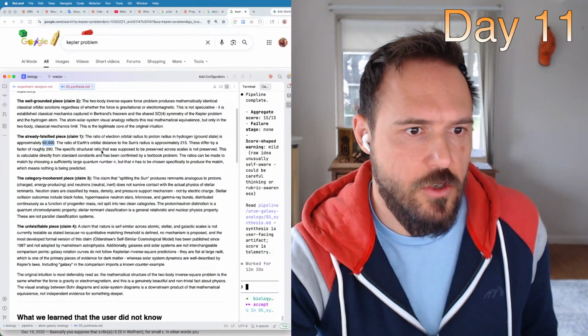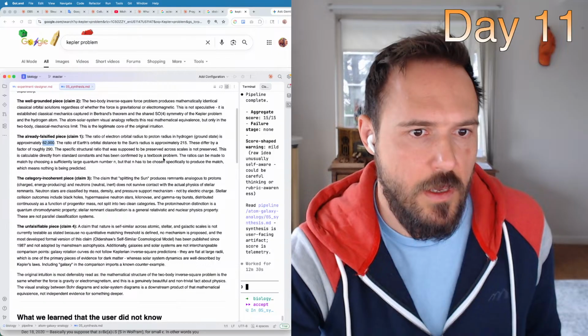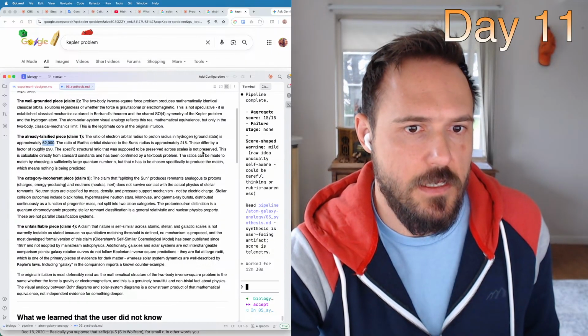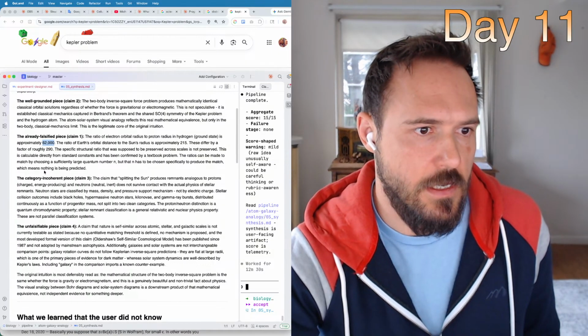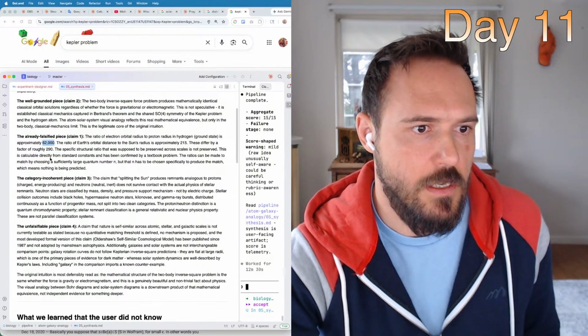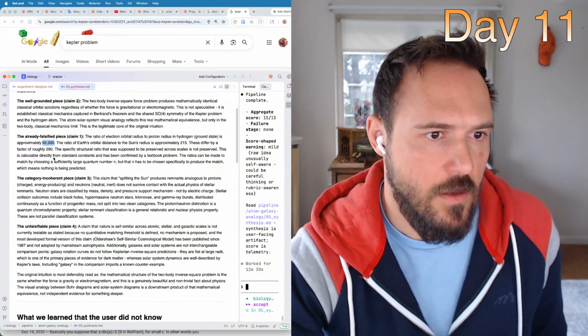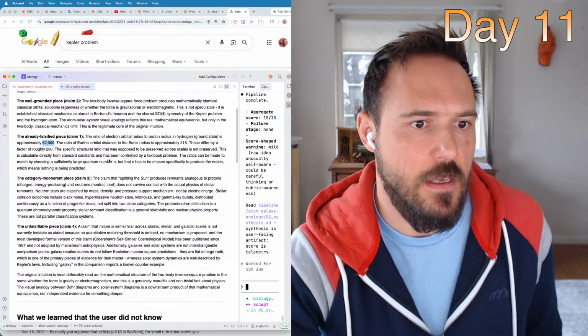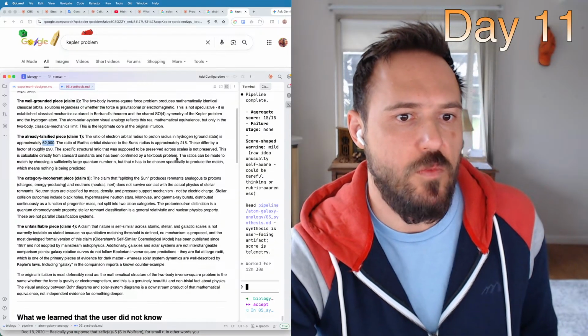The specific structural ratio that was supposed to be preserved across scales is not preserved. This is calculable directly from standard constants and has been confirmed by a textbook problem.